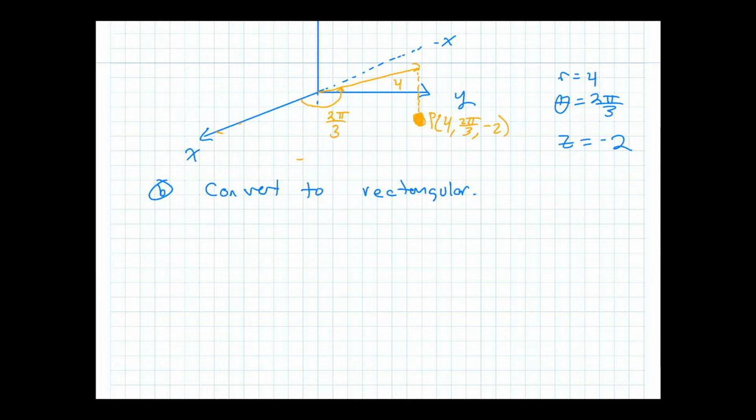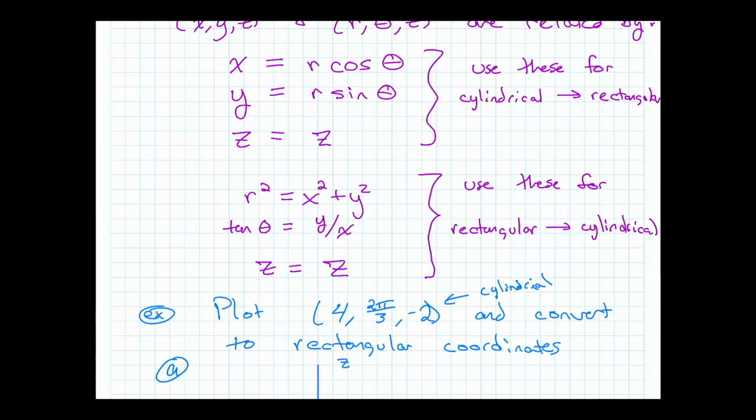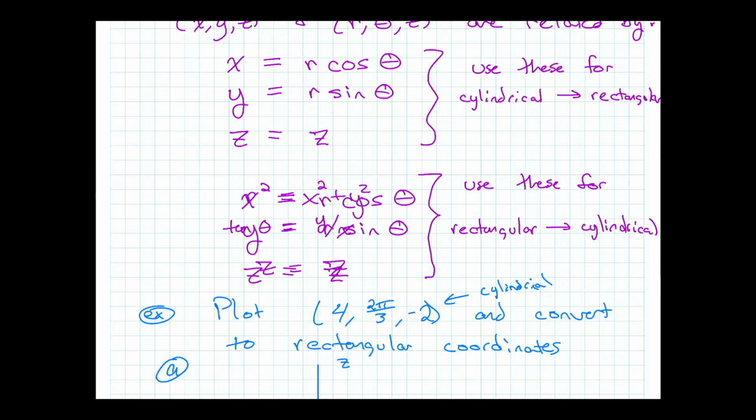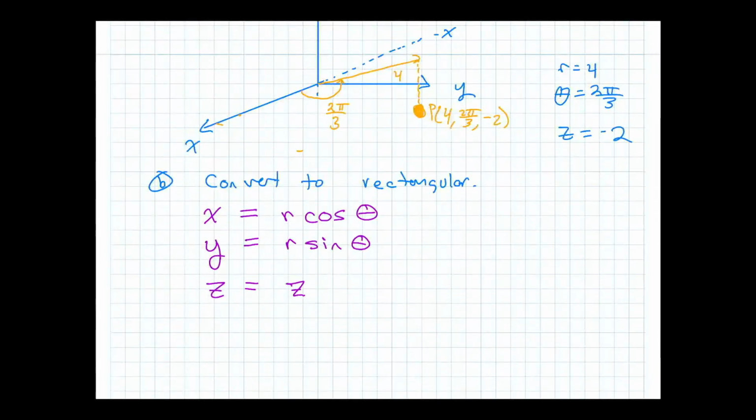Okay, so I've got my calculator here, and we're going to convert this to rectangular. So we're going cylindrical to rectangular. We should be using these equations. These are the ones that we want. So I'm just going to copy them, duplicate, bring it down here. And let's just fill in the numbers, right? We've got theta is 2 pi over 3.